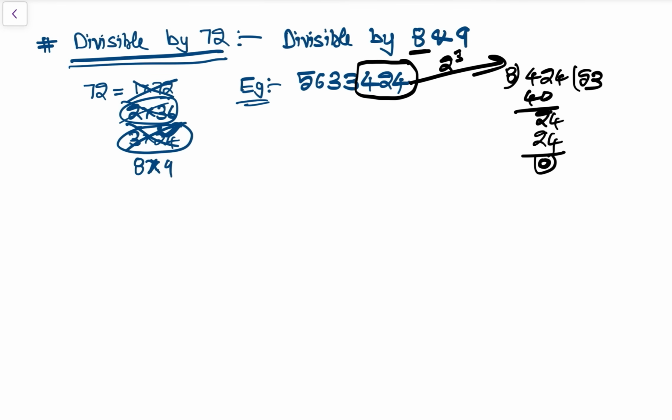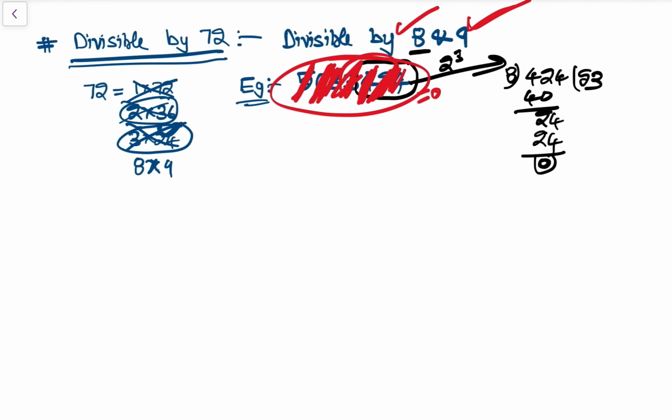Then divisible by 9. Check 9: 5 and 4 cancel with 9, 6 and 3 cancel with 9, then 4 plus 2 is 6, 6 plus 3 is 9, cancel, so 0, so it is divisible by 9 also. So since it is divisible by 8 and divisible by 9, the number is divisible by 72.